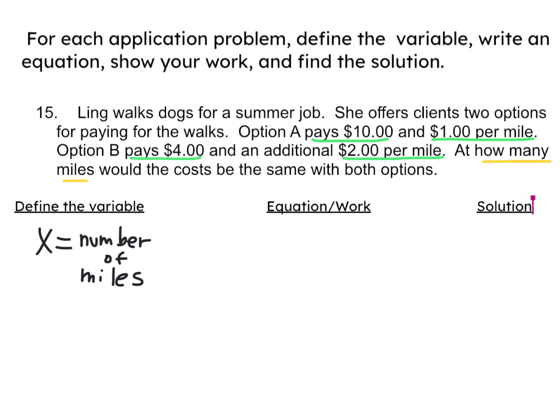We have 2 options, and we're trying to figure out when option A is equal to option B. Okay, so we're looking for option A compared to option B. So option A, again, was you pay $10 and $1 per mile. In option B, you pay $4 plus an additional $2 per mile. And then we solve from there.